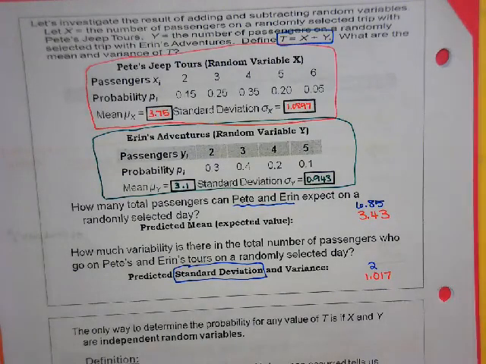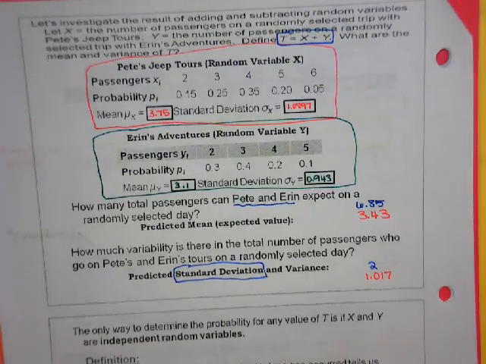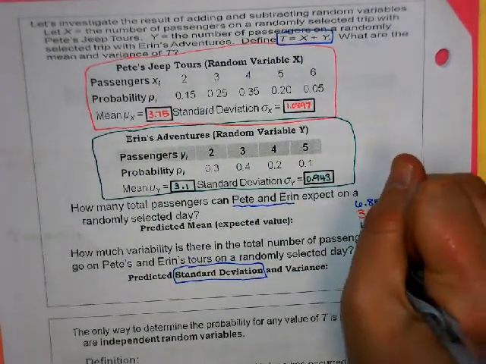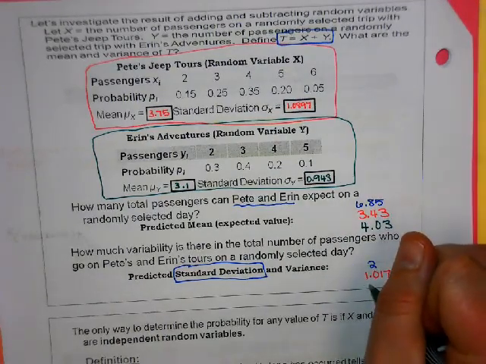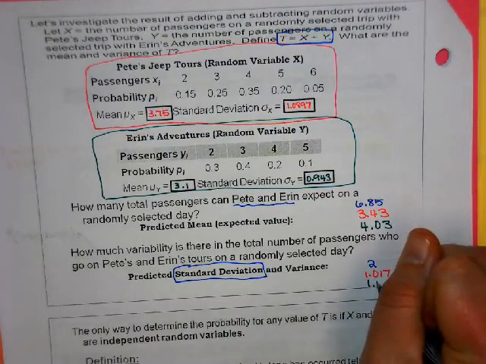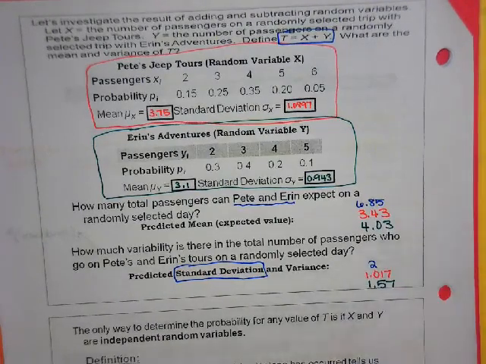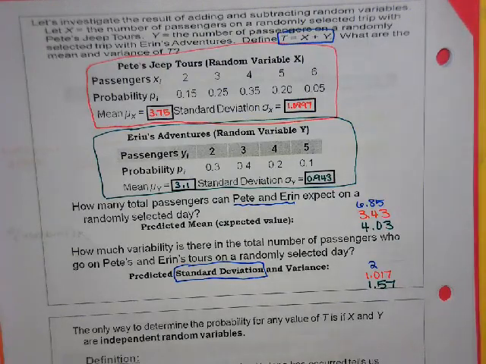4.03. Okay. And 1.57. No, that's my prediction. Okay. All right, Tanner's table. We agreed with the first one, so 6.85 and 2. All right. DJ, Shania, Annika?